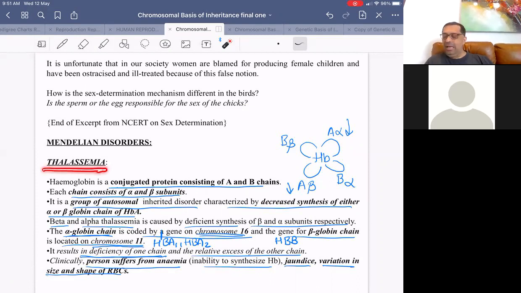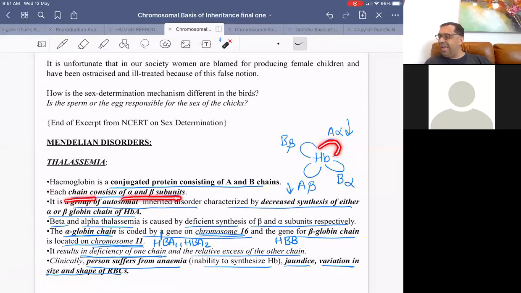Thalassemia कैसे होता है? Hemoglobin is a conjugated protein consisting of A chain and B chain. So hemoglobin में there is A chains and there are B chains, and each chain consists of alpha and beta subunit.